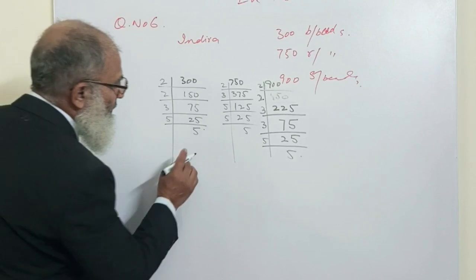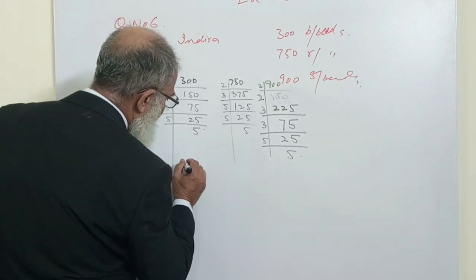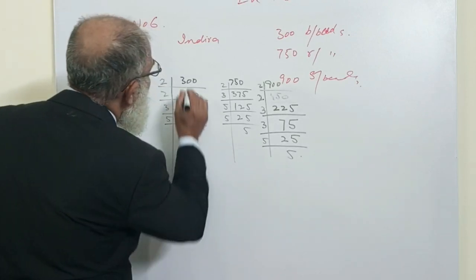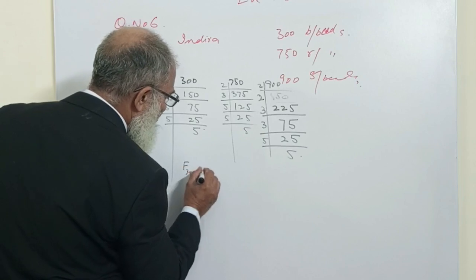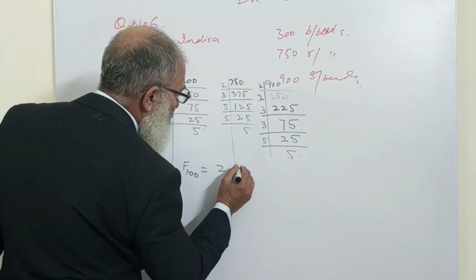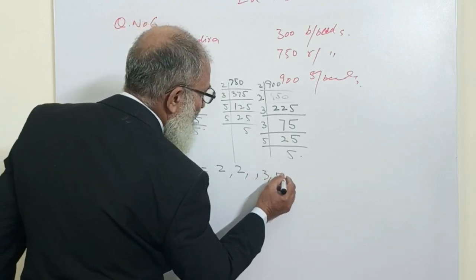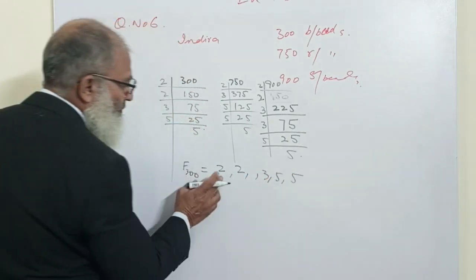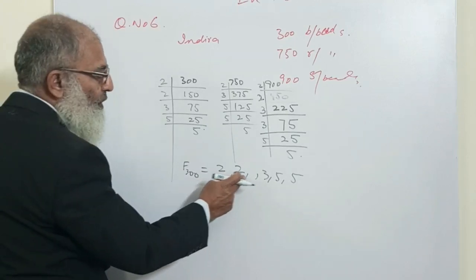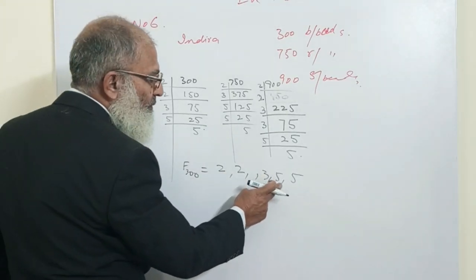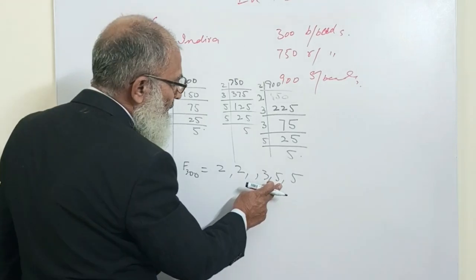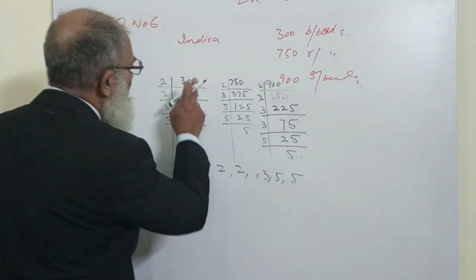So in the last, what we do here is we write all the factors over here. For 300, I write 2, 2, 3, 5, 5. 2 times 2, 4, 4 times 3, 12, 12 times 5, 60, and 60 times 5 is 300.